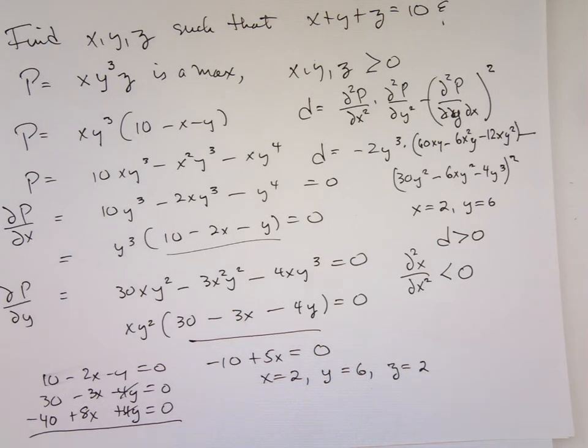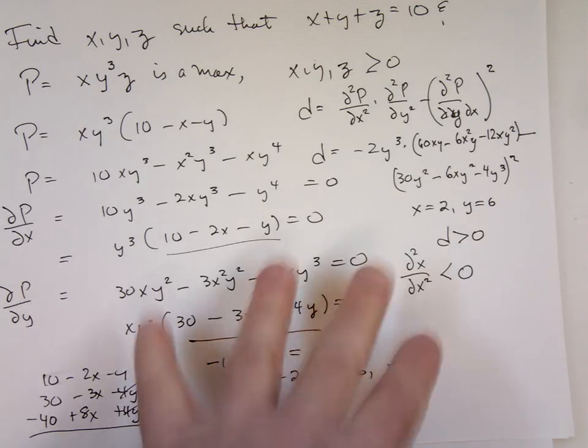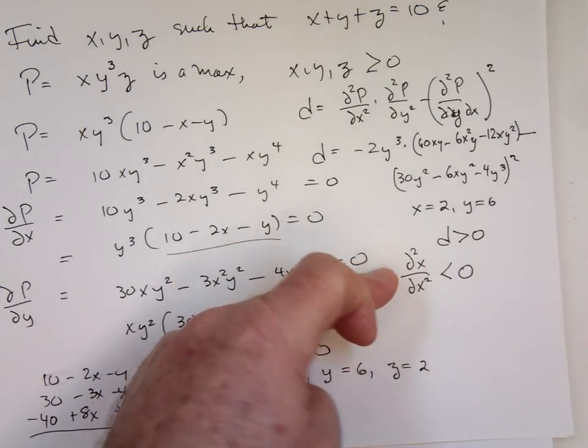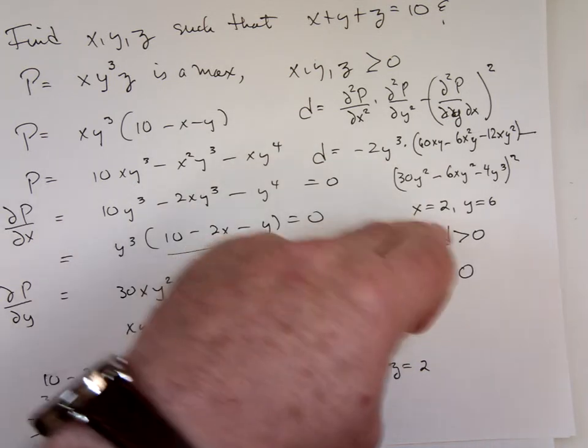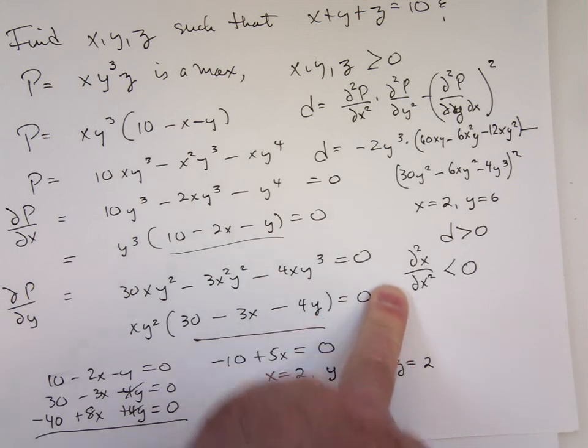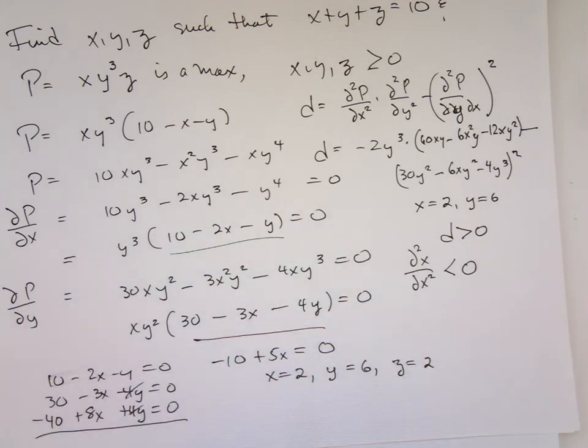You have to know to set the function to 2 variables, and find the critical values by setting each of the partials equal to 0. To find a maximum, d is greater than 0 and the second partial with respect to x is less than 0. For a minimum, d is greater than 0 and the second partial with respect to x is also greater than 0. So we're not even going to be solving it? No, you're just going to explain how you would solve it.